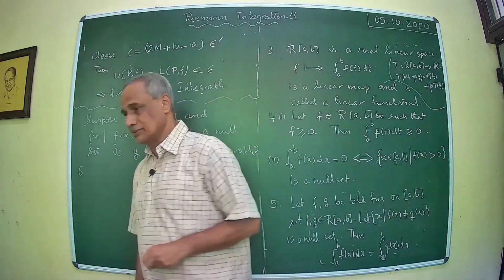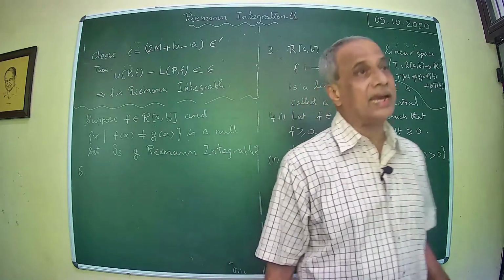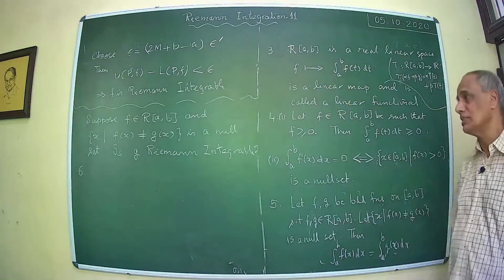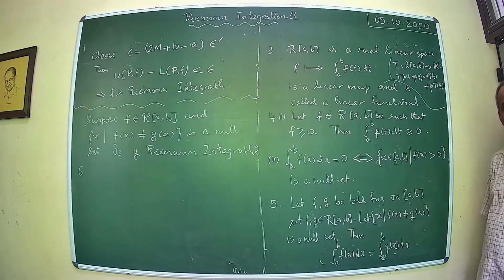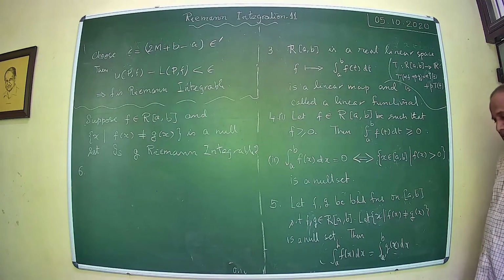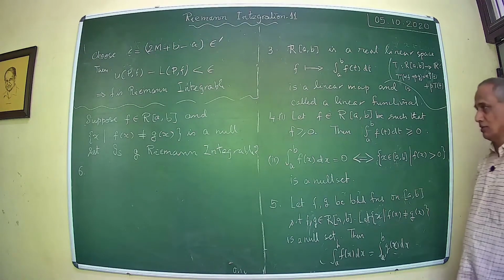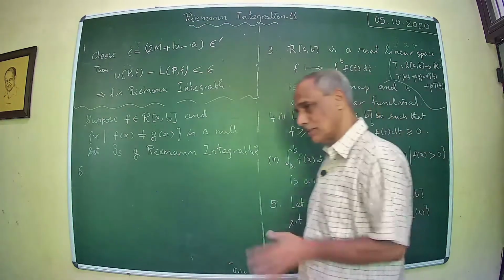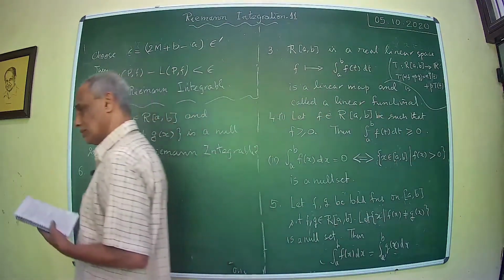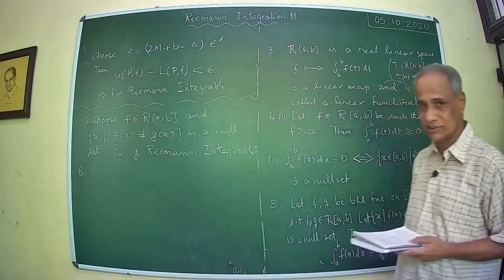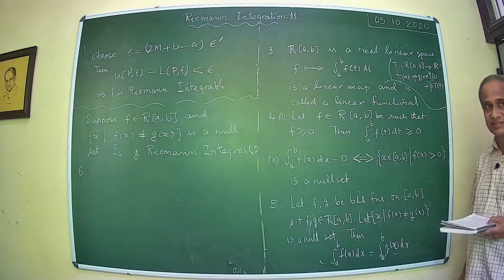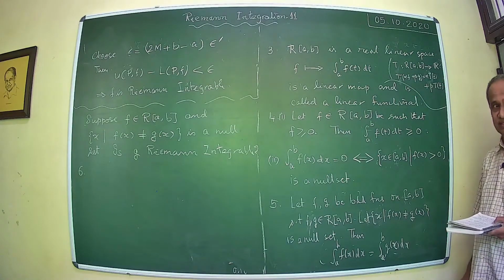There are functions like the Dirichlet function, which is not Riemann integrable. You have the popcorn function, which is Riemann integrable. And this kind of functions are there in your hand, so you can use some of them or a combination of them and then try to get the information. Okay.